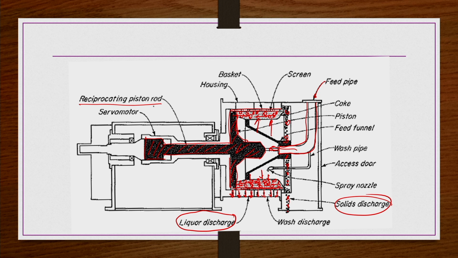And when it goes back, it has removed a certain amount of solids, so it regenerates more space for more separation to take place. Okay, so that is the process.